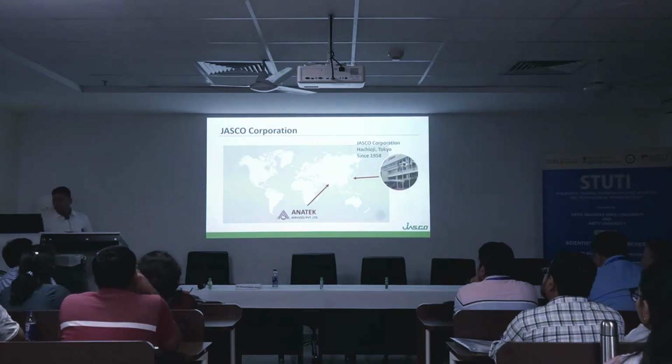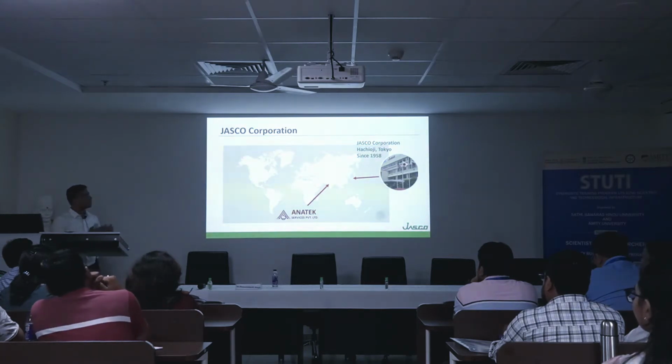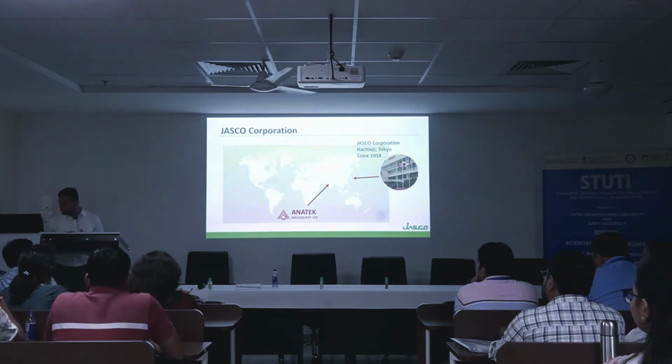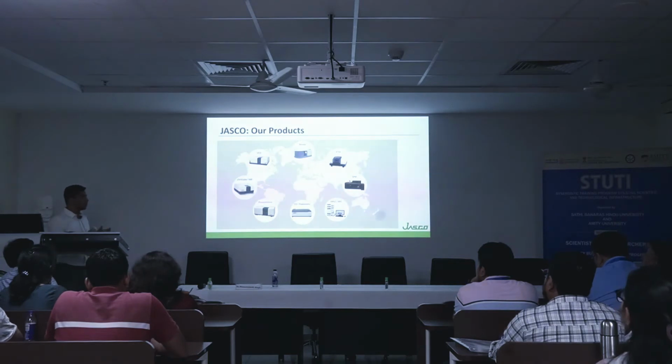Ranjan sir has already introduced the JASCO instruments. This is a Japanese spectroscopic corporation. In 1958 we entered the scientific field. With the first instrument we started with IR, then along with that we also had UV spectroscopy, Raman spectrometry, circular dichroism, and HPLC instruments.